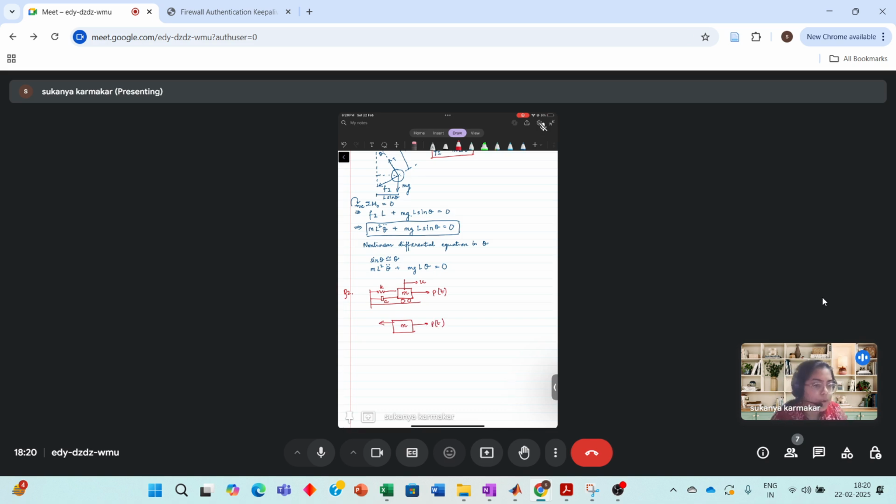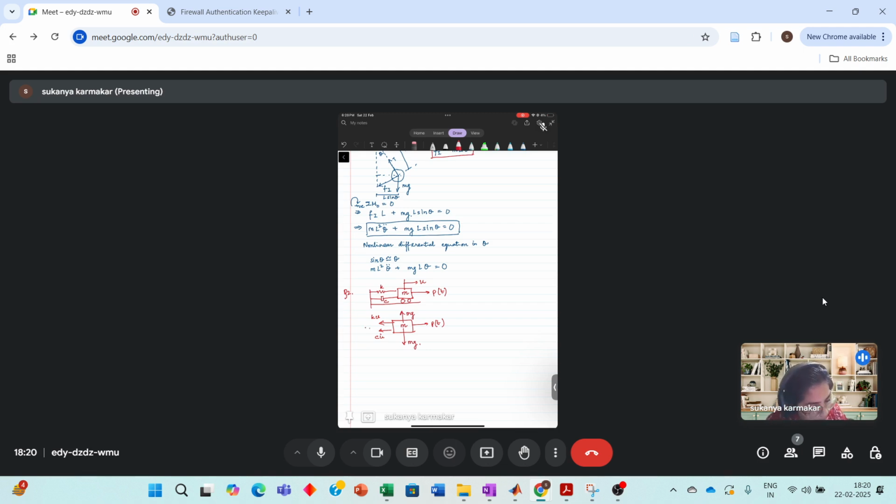Then since you are pulling the system in the rightward direction, you have resistance, so ku and c u dot, and you will also have mass acting here. The weight will act in the downward direction, but there will also be a normal reaction.